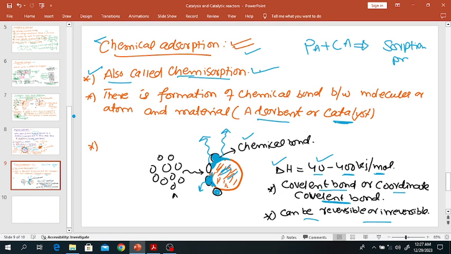In such a case, it will be irreversible. But in some cases, these atoms attach to a solid surface and form a product, and then when we heat the system, the product can be released from the solid surface, and such type of process is called a reversible process. So it can be reversible or irreversible.